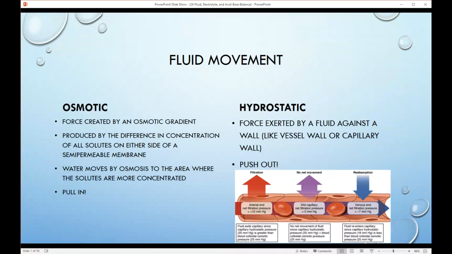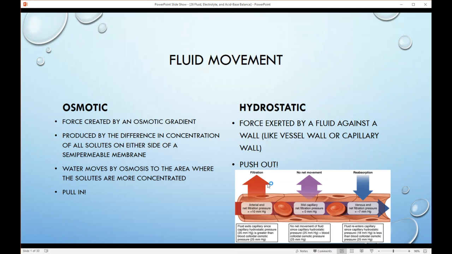This is our pull-in mechanism that we talked about before, or our reabsorption. Then we have the hydrostatic, which is the force exerted by a fluid against the wall. When we turn on the spigot of our water hose, the water is forced against the outside of the hose, which makes it hard on the outside. It's harder to bend that water hose. This is our push out.